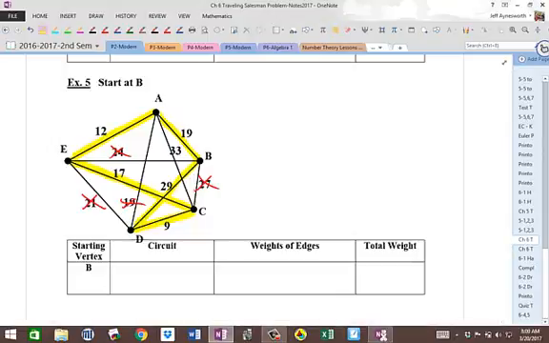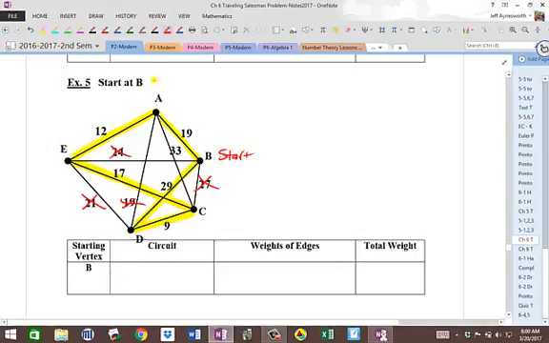So the only thing we need to do now is write the circuit starting at B, because that's what it asks. And this is again the result created by the cheapest link algorithm. So I'm going to go from B to D, over here to C, up to E, and then E to A, and then back to B. What would the weight of that be?